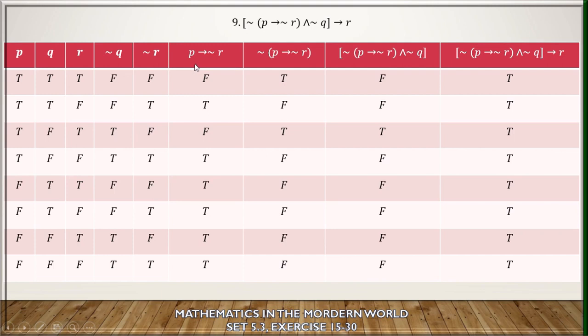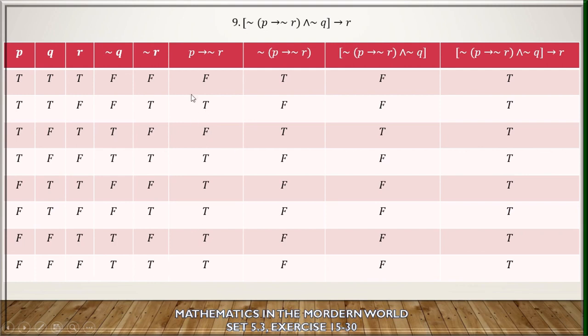So first is the conditional P, then not R. P, then not R. So true, false is false. True is true. True, false is false. True is true. False is true. False true is true. False is true, and false true is still true.